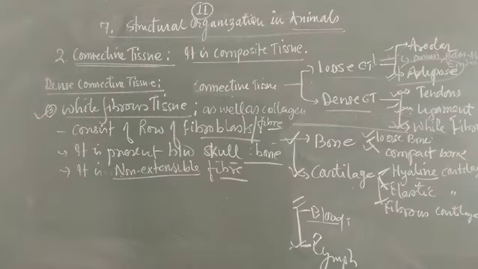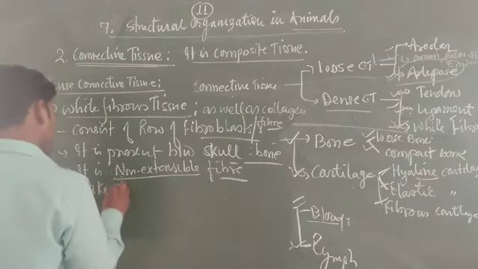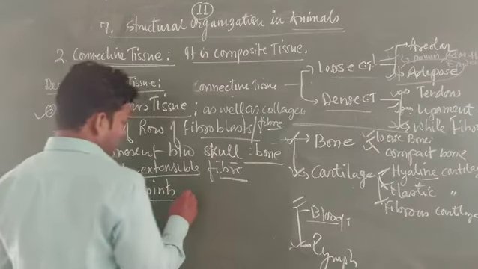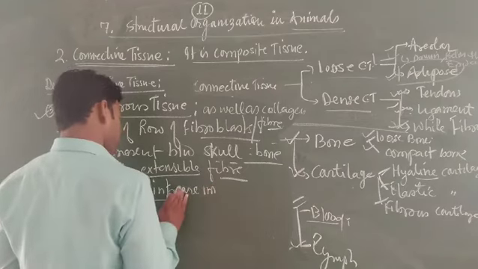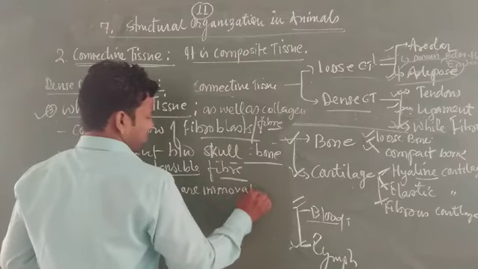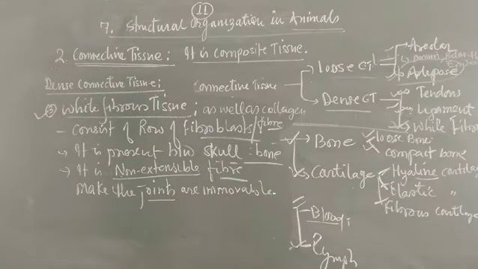These non-extensible collagen fibers make the joints almost immovable, especially the joints of the skull bones. If they are fixed between the skull bones, the skull bones are not able to move. This is immovable.